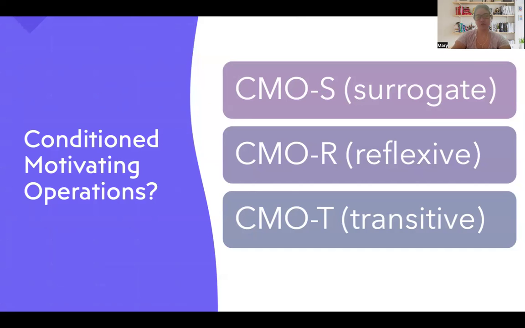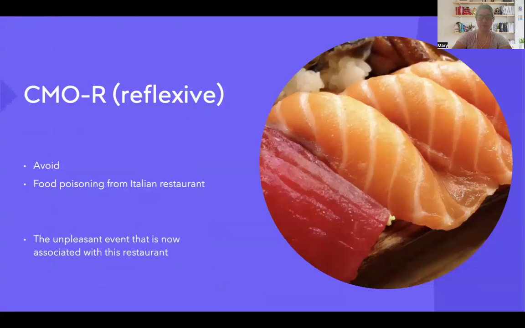The conditioned motivating operation is another part. When we talk about conditioned, it means something is learned. We have three conditioned motivating operations: the CMO-S or surrogate, CMO-R reflexive, and CMO-T transitive. We're going to focus on CMO-R, which was the one that I was struggling with, and it's reflexive.